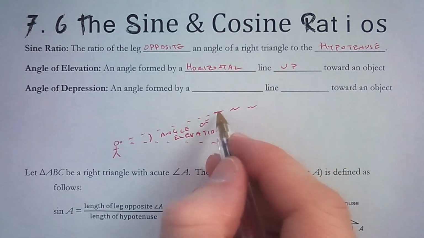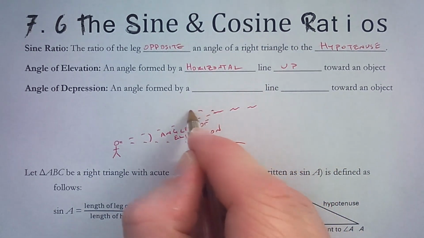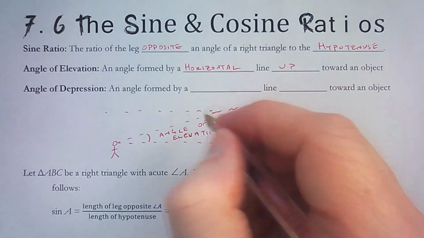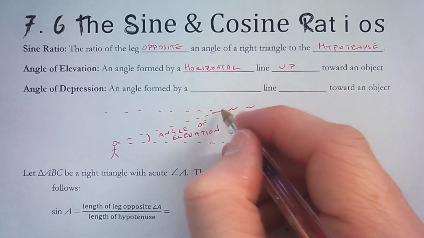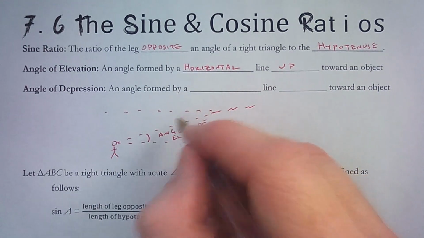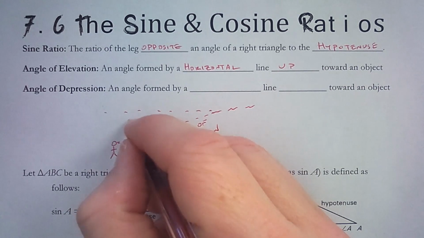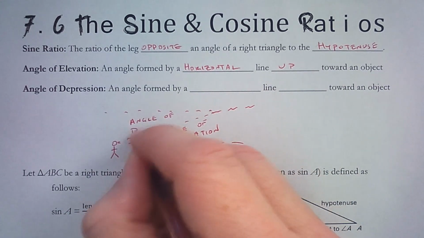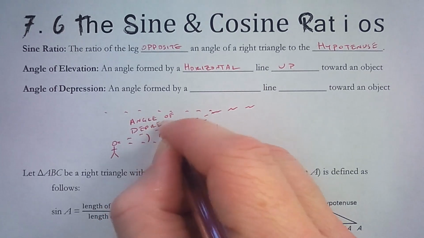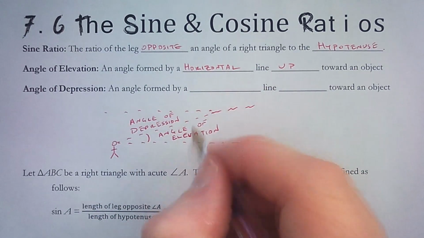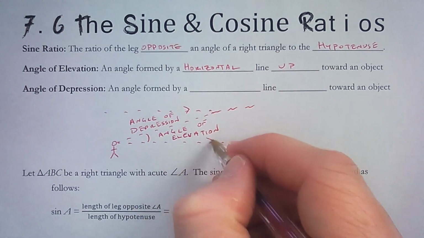Okay, now if these birds fly straight forward over your head, that's a horizontal line. And if they were to fly downward toward you, that would be a horizontal line, and an angle that opens downward, that would be an angle of depression. Now these two horizontal lines are parallel to each other.